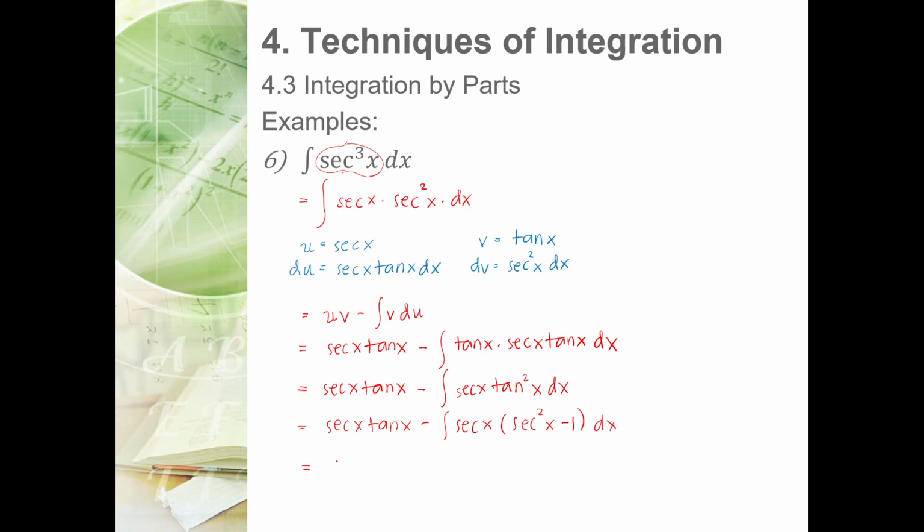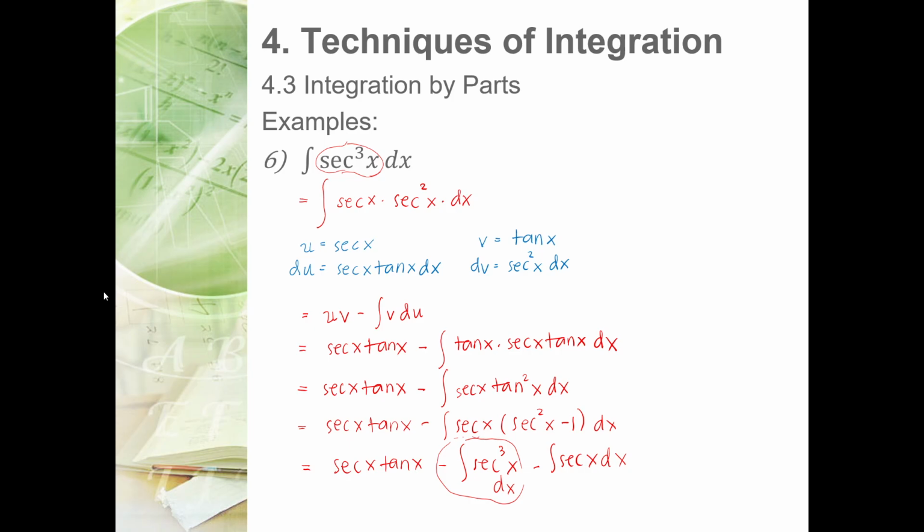Now you're going to have secant x tangent x minus the integral of secant cube x minus secant x dx. So notice it went back to secant cube, right? And then the integral of secant x would just be the ln of secant.